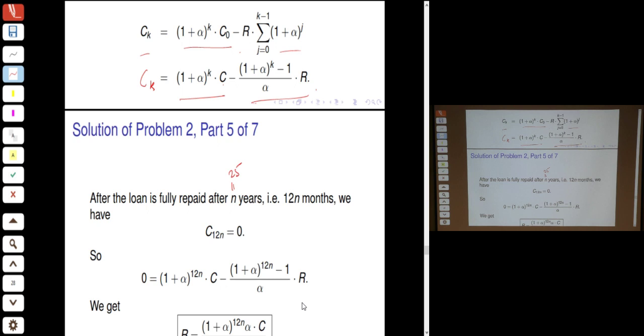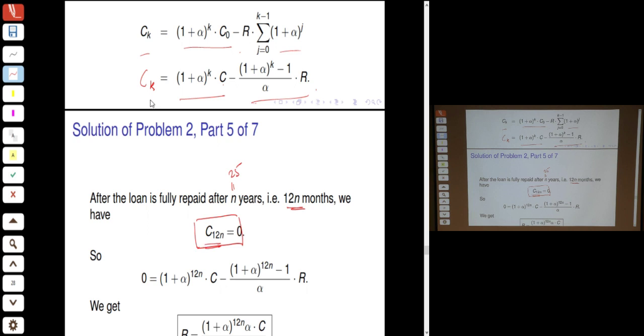In other words, after 12 times n months, you want the net amount which you owe to the bank to drop to 0, right? The net amount after 12n months is C of 12n. So you want C of 12n to be 0.